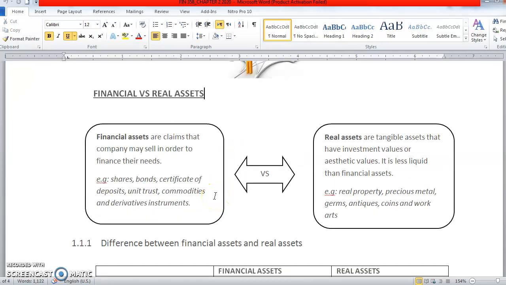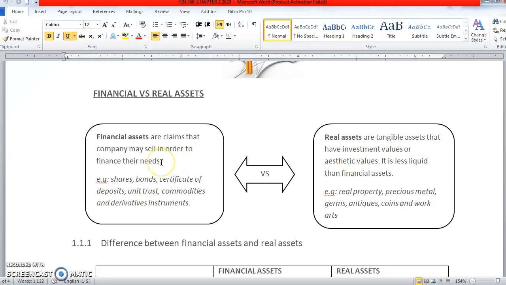Okay. Financial assets over here can be defined as claims that companies may sell in order to finance their needs. So in bahasa, kita katakan aset keuangan ni sebagai apa saja yang syarikat itu boleh jual untuk dapatkan dana untuk keperluan mereka.